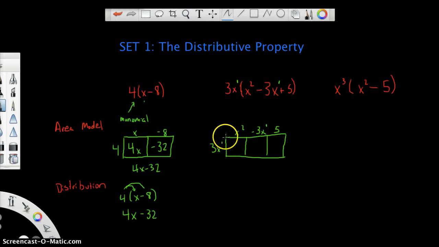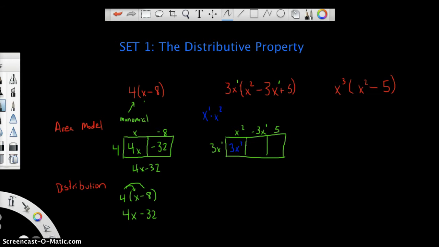So now I have 3x to the first times x squared. When we're talking about multiplying, we can multiply these even though they're not like terms. We can multiply anything. So the 3 stays, x to the first times x to the second. If I think back to the last couple days, when I'm multiplying exponents with the same base, I add the powers. So I get x to the third.